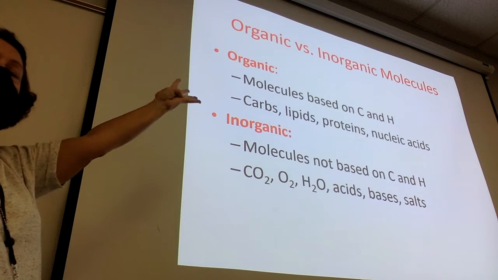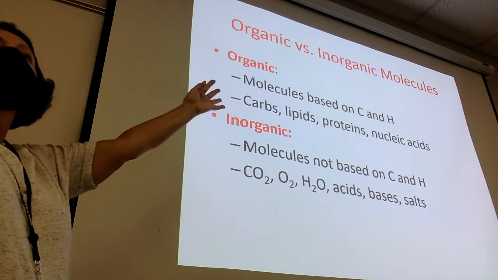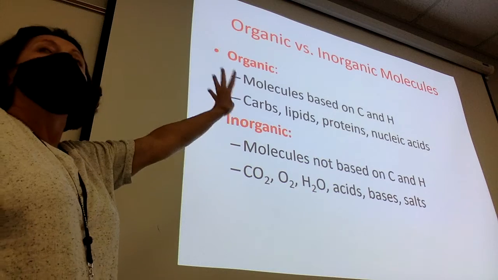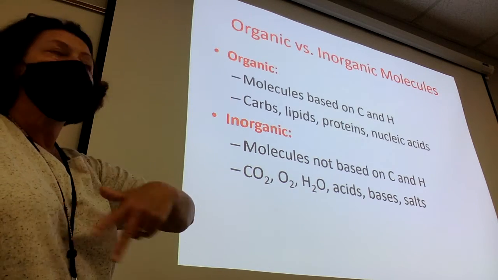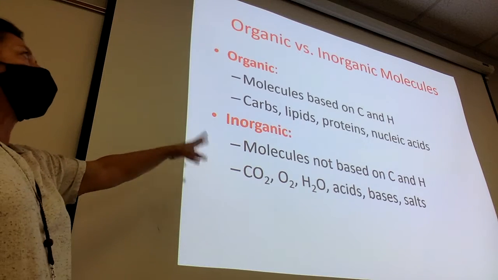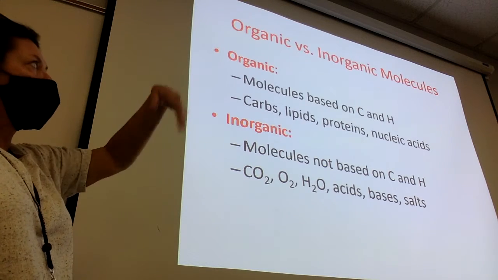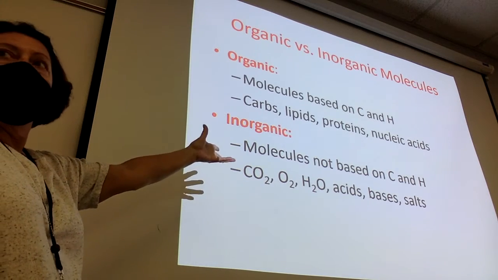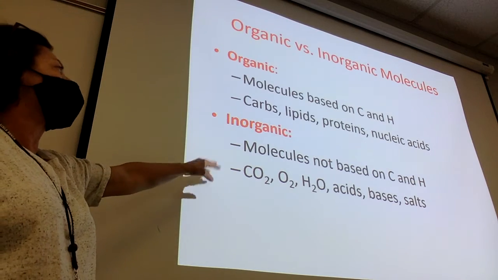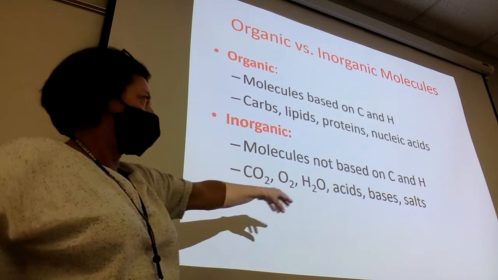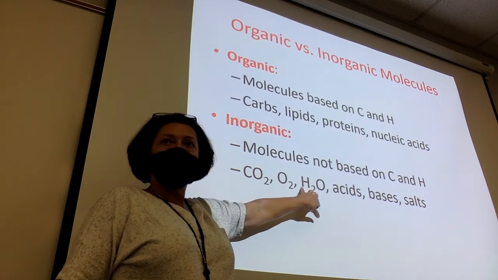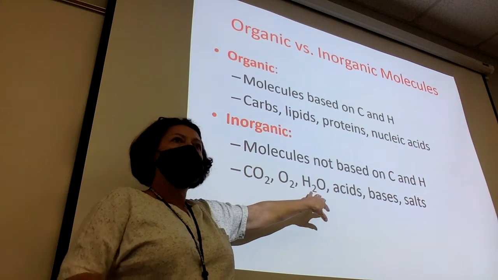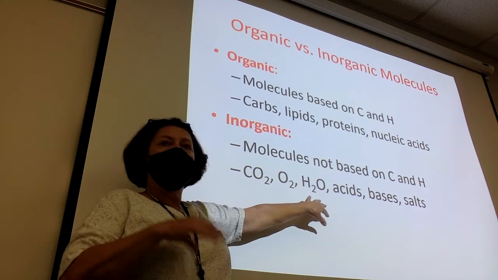Those are the 4 organic compounds that we concentrate on for the majority of the rest of this chapter. Now, inorganic just means they could have carbon or they could have hydrogen, but they just don't have both. When I think of an inorganic compound, I think of water as being the most important. If you've looked at your notes, you'll notice that there's a lot of information about water.